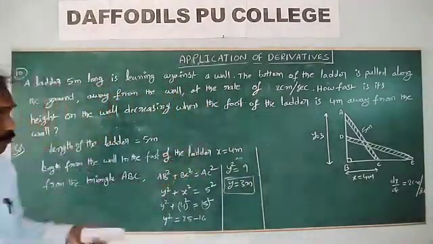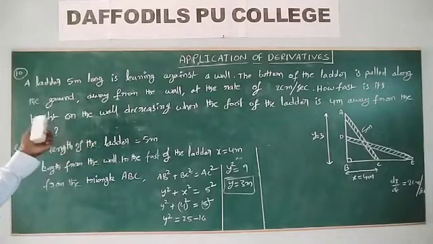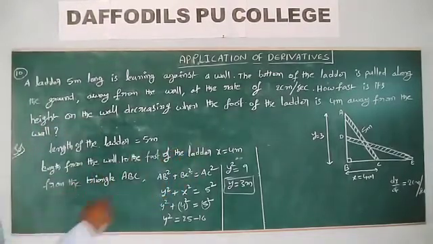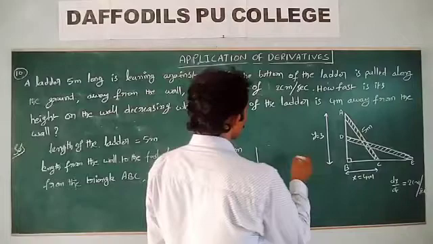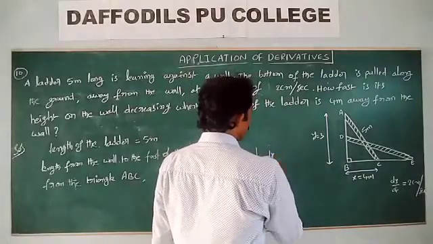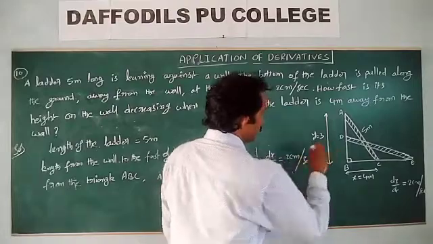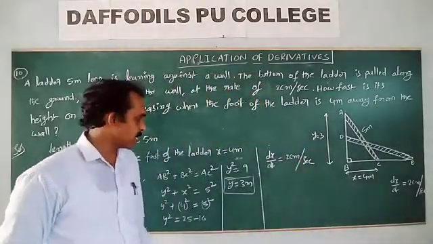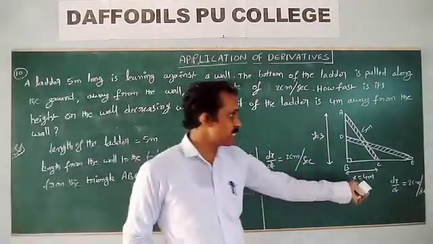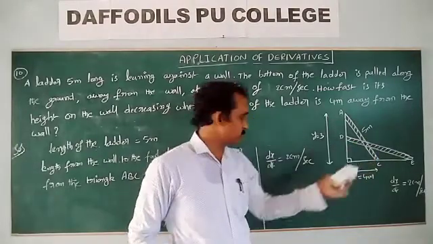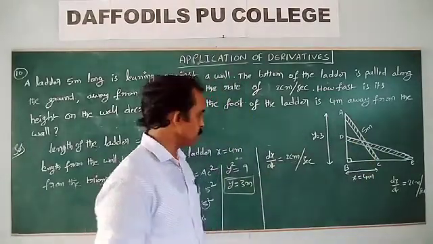And the given rate of change, from point C to E, dx by dt is equal to 2 centimeter per second. So y is 3 meters, x is 4 meters, and the ladder length is 5 meters. Better to convert this also to meter per second.